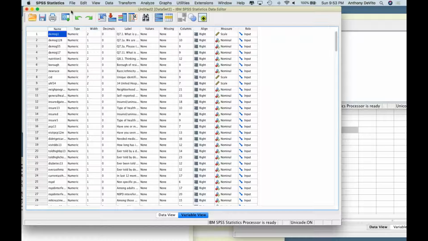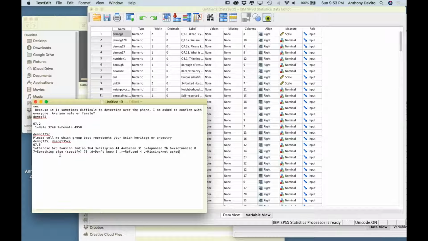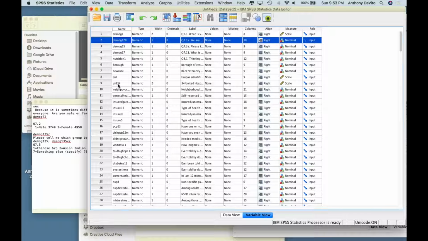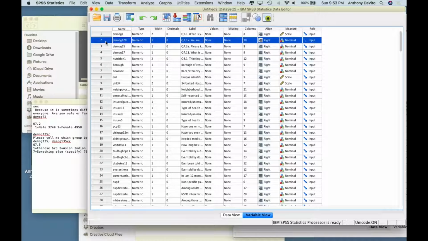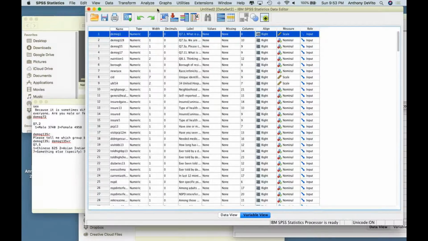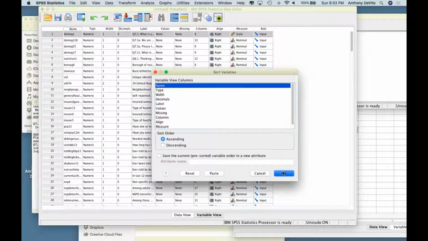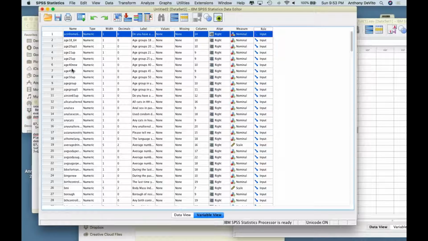Demog1, and the other one I'm interested in is ethnicity and sex, which is Demog135R. Before I do anything else, I am going to sort this data, sort by variables, sort by name. Okay, good. Get this out of the way.